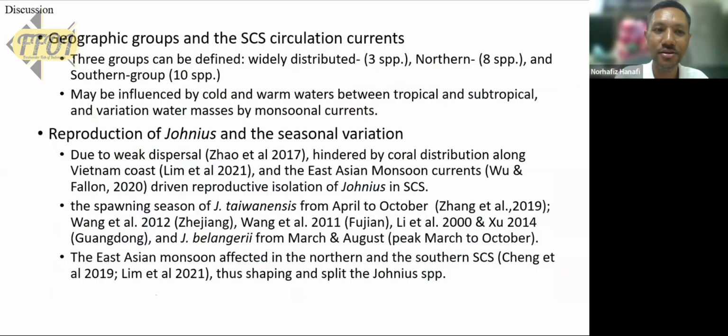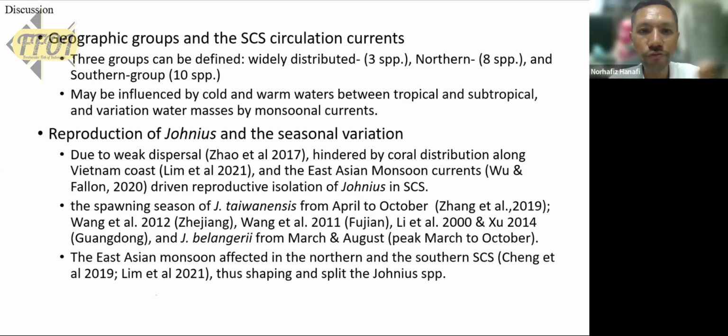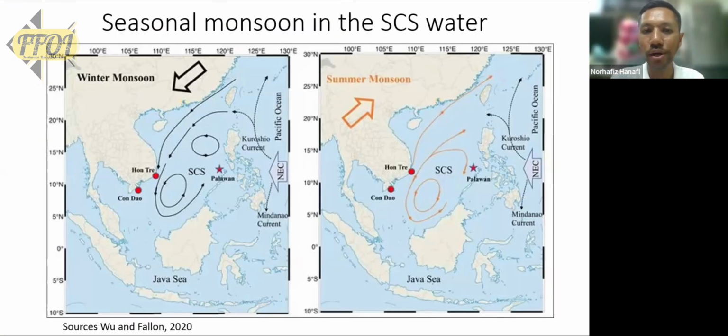So actually, how we can understand the current information, situasi yang berlaku sekarang, the present condition, like the geographic group, the SES circulation, the reproduction, and the seasonal variation is affected by this one, seasonal monsoon.